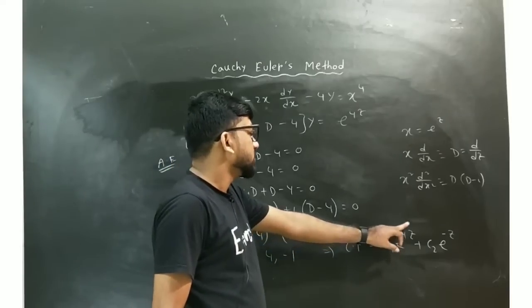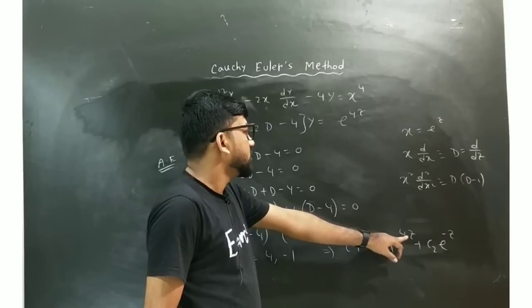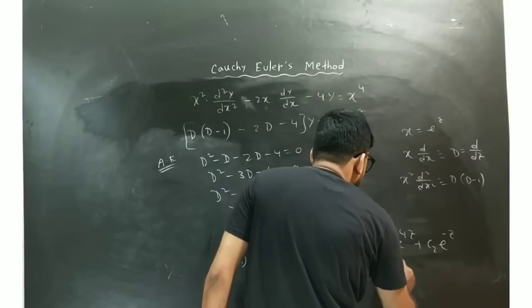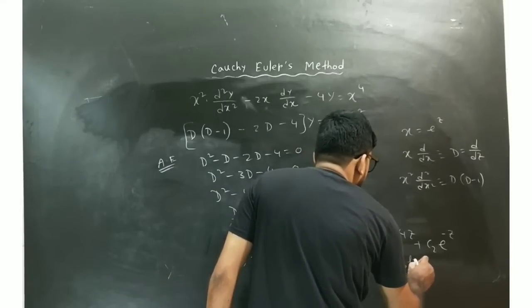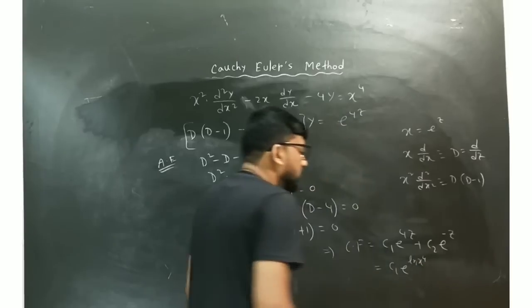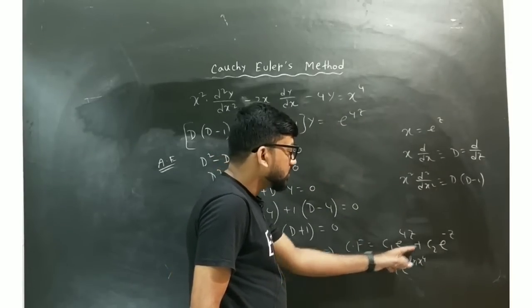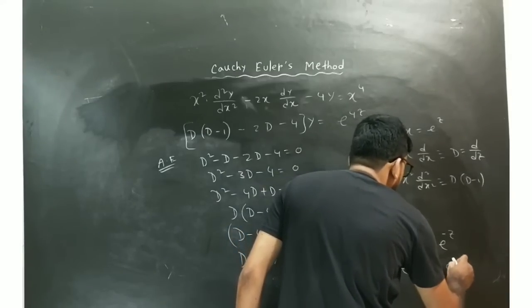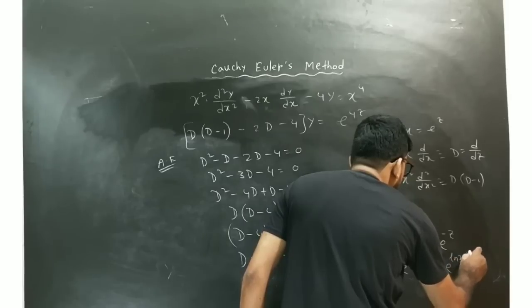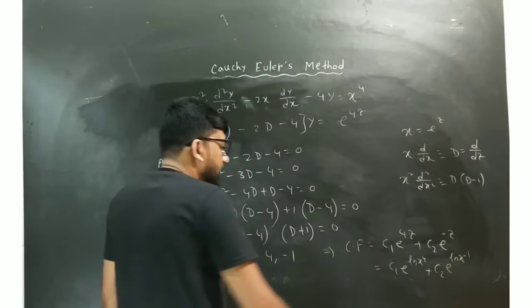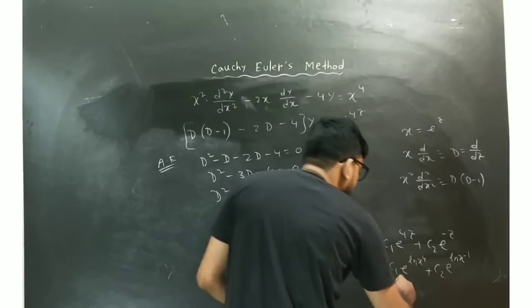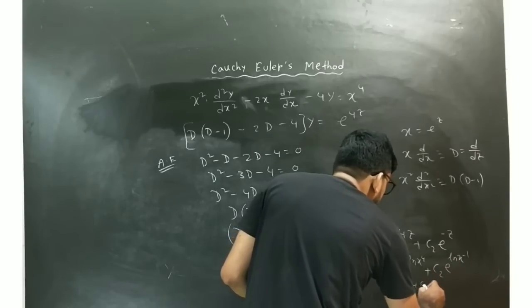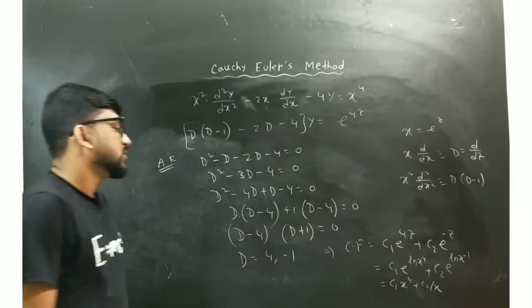Now z is equal to ln x, so it will be c1 e to the power 4 ln x plus c2 into e to the power minus ln x. The coefficient of ln goes into the power, so e to the power ln x to the power 4 means simply x to the power 4. So it will be c1 x to the power 4 and c2 x to the power minus 1, that means c2 by x.